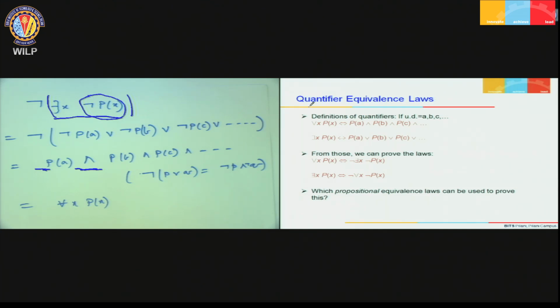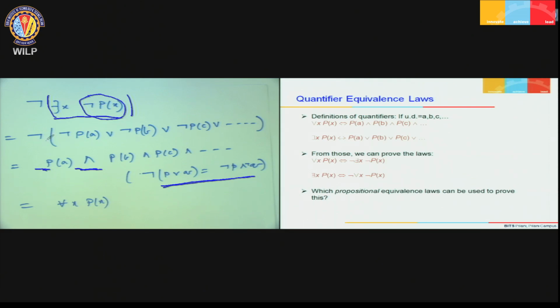And if you remember the simple De Morgan law, not of P or Q is equivalent to not of P and not of Q. This is the De Morgan law that we have seen in the last class.